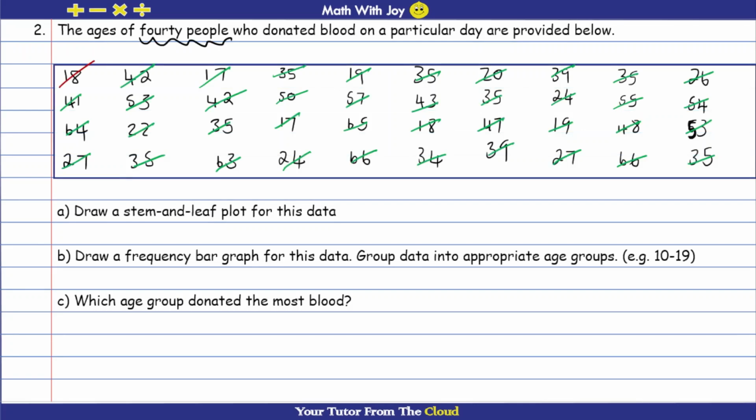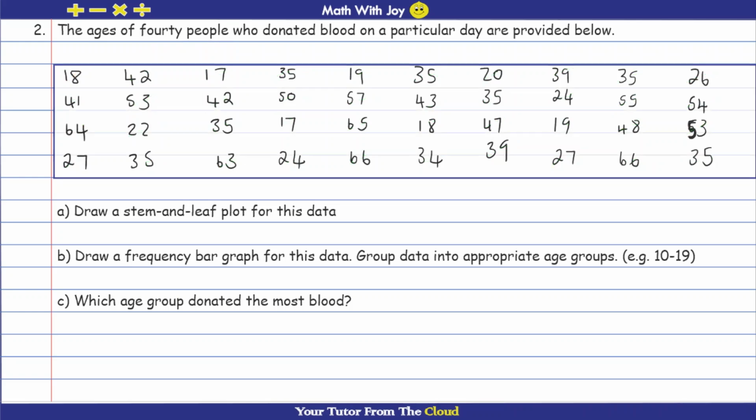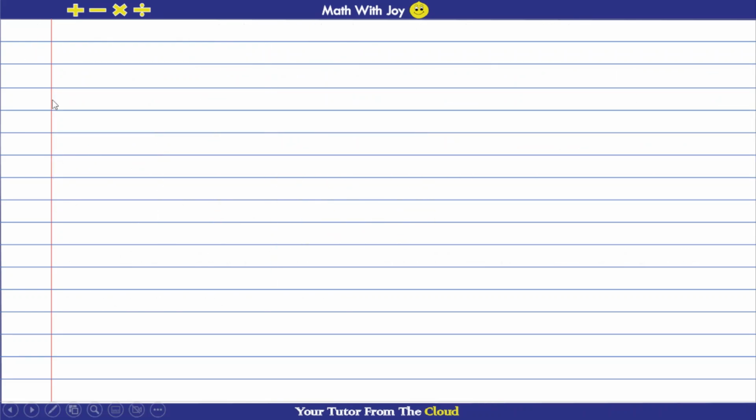The way we would do this is we know the stem of 1 is 10 to 19. So we're going to draw our frequency table.